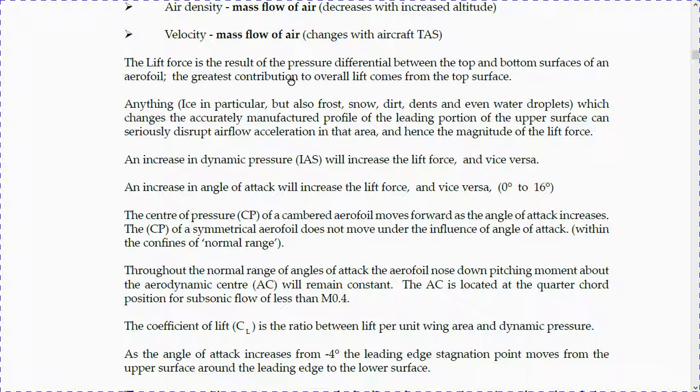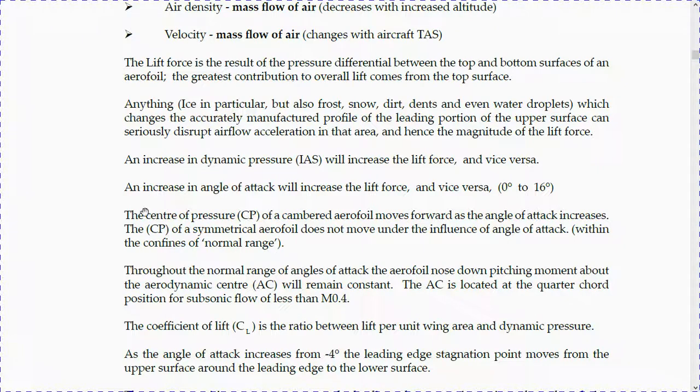Anything, ice in particular, but also frost, snow, dirt, and even water droplets, anything that changes the accurately manufactured profile of the leading portion of the upper surface can seriously disrupt airflow, acceleration in that area, and hence magnitude of lift force. An increase in dynamic pressure, indicated airspeed, will increase the lift force, and vice versa. As well, an increase in angle of attack will increase lift force, and vice versa.